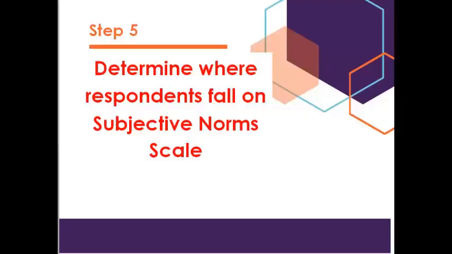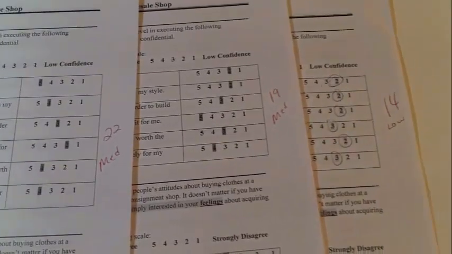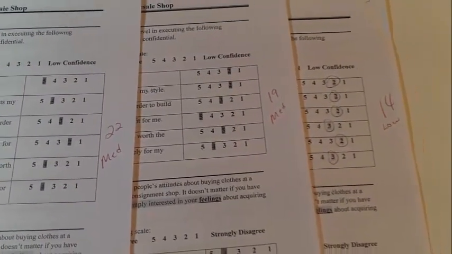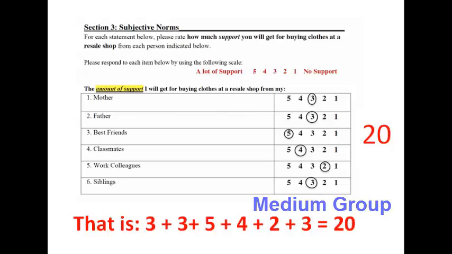Step 5, you're going to determine where respondents fall on the subjective norms scale. So similar to what you did with the self-efficacy section, where you determined if they were in high, medium, or low groups, and then you tallied the collective results, you're going to do a similar process with subjective norms.